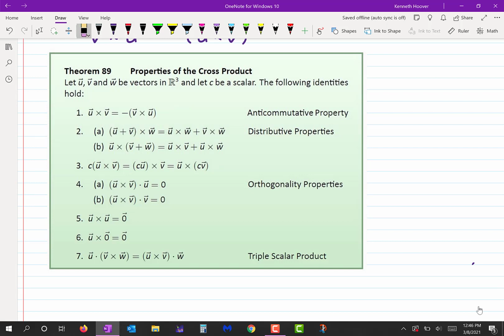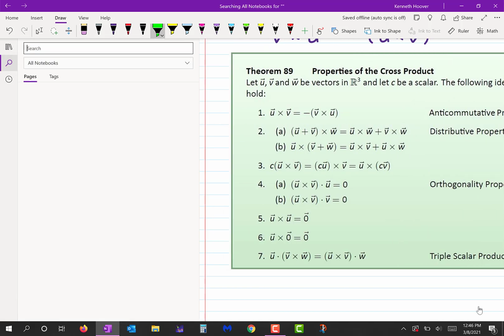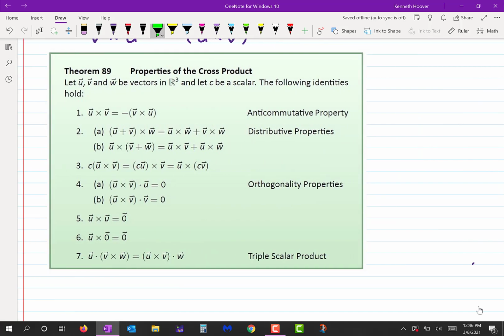Whichever is easier, you're going to get the same answer. Likewise, if you want to do the cross product of a vector u with a vector that is two vectors added together, you could also add the cross product of u with each of the individual vectors. You'll get the same answer. If you take a cross product, that's a vector, right?